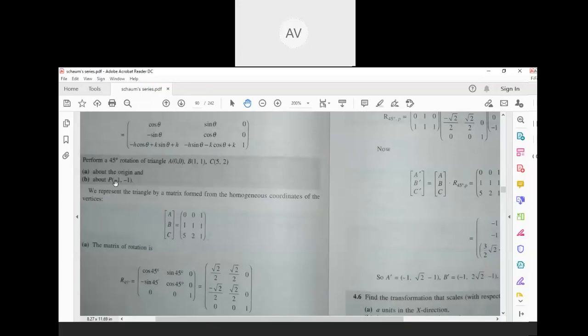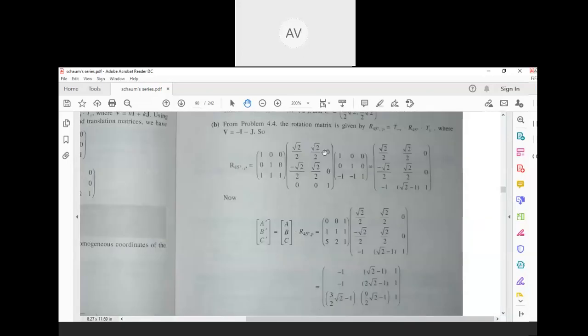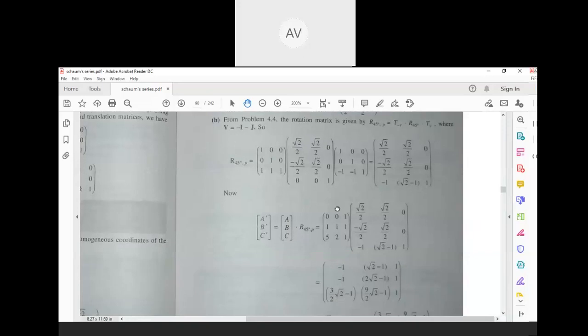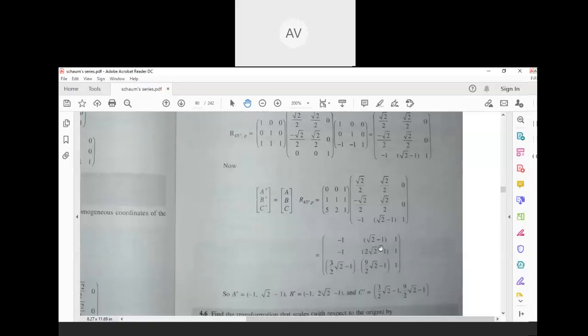But in this case, we have to translate this triangle to this point, minus 1, 1, like that. So that's why we used translation, then rotation, then inverse translation, and then we found the composite transformation matrix. Then we multiplied it with the original coordinates of the triangle, and we got the new coordinates of the triangle.